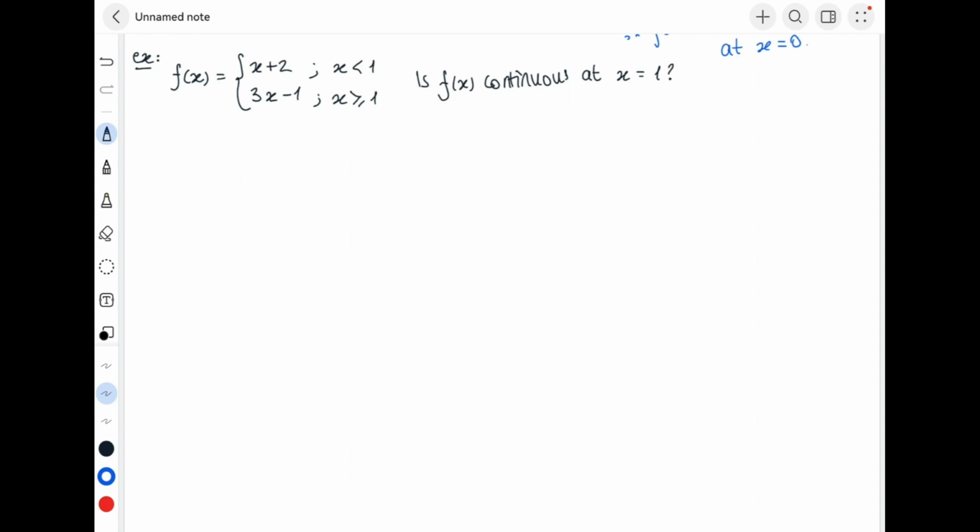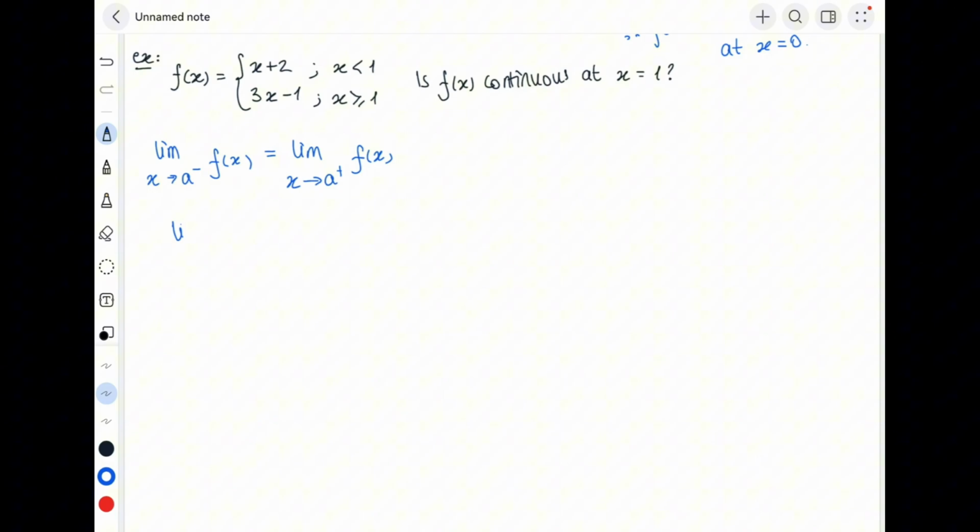As we said, we need the limit as x tends to a minus of the function to be equal to the limit as x tends to a plus of the function. And our a here is 1.